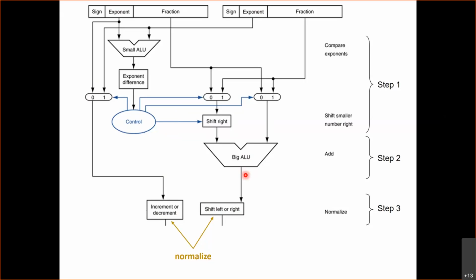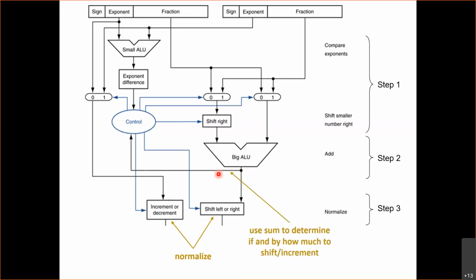So I'm going to take the result of the addition and pass that to the controller to see if I have overflow, and based on that, the controller is going to tell the increment decrement unit whether to increment or decrement, and it's also going to tell the shift left or shift right unit whether to shift left, shift right, or not shift at all. Okay, so by doing this, now I can normalize.